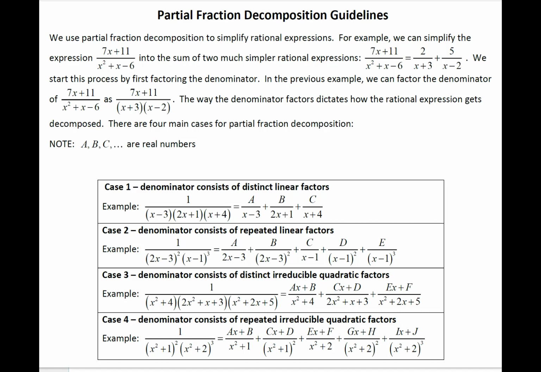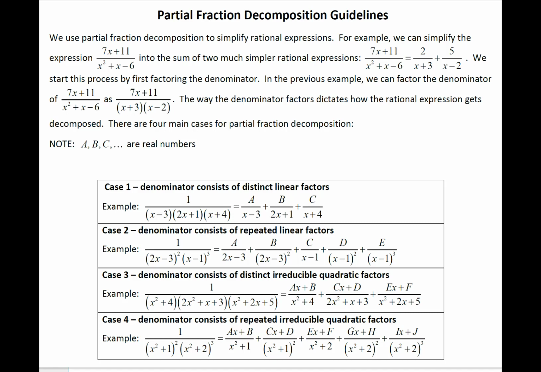And it turns out that every polynomial over the real numbers can be factored into linear factors and irreducible quadratic factors. Linear factors are basically degree 1 polynomials like x plus 5, 2x minus 3, things like that. Irreducible quadratic factors are things like the sum of squares, x squared plus 1. There's a bunch of other examples.